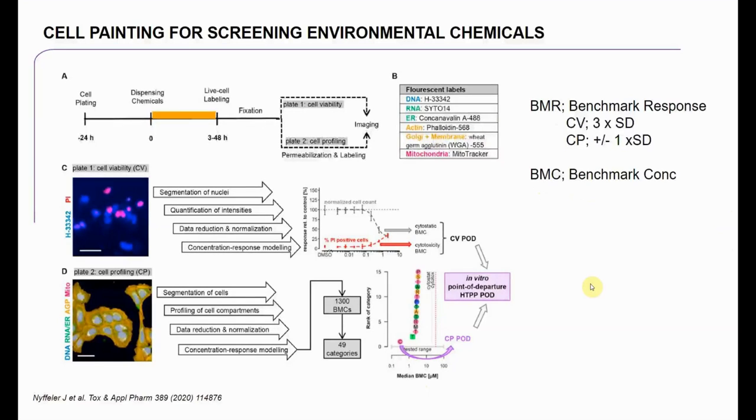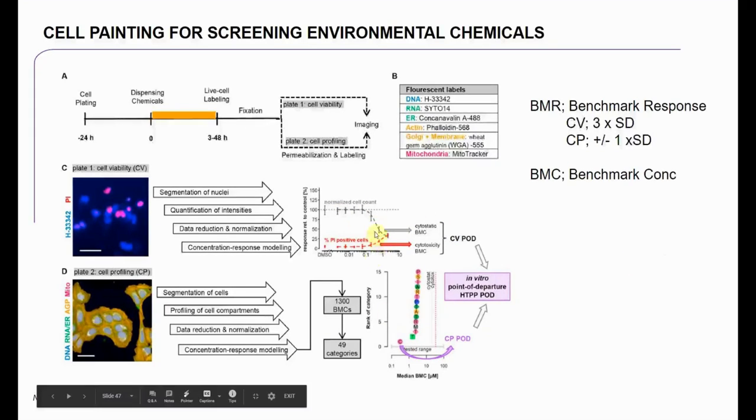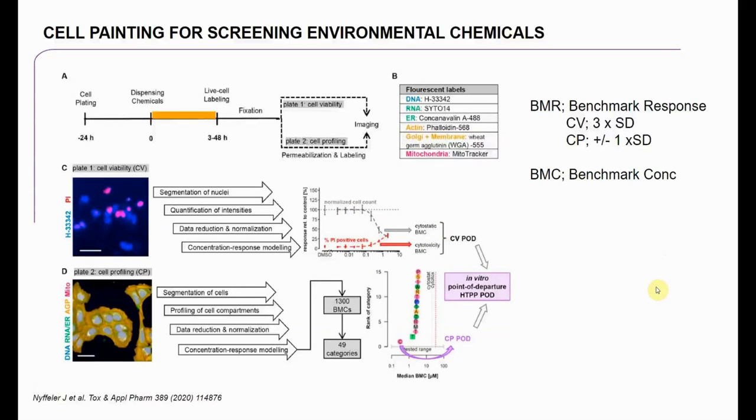So another key point here is that the measurement from the particular assay that gives you the lowest benchmark concentration is thought of as the point of departure. And then if we're looking at comparing the 2 different assays, whichever assay gives the lowest point of departure is called the high throughput phenotypic profiling point of departure. And that's the point of departure for that particular chemical.